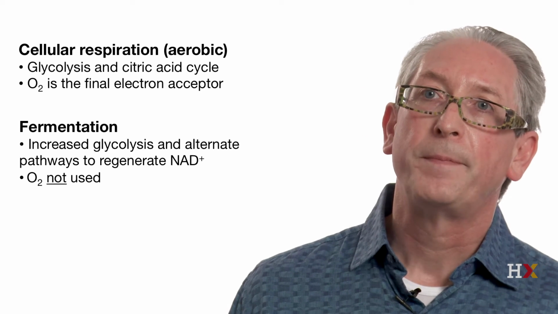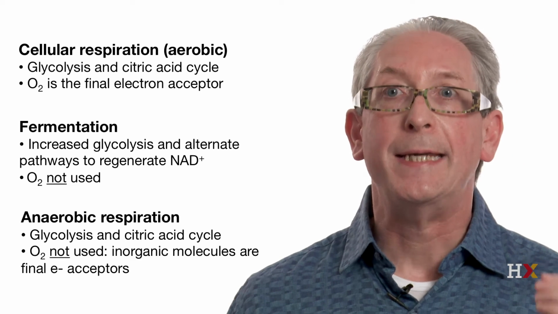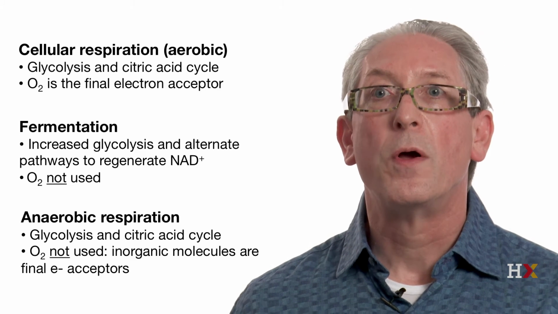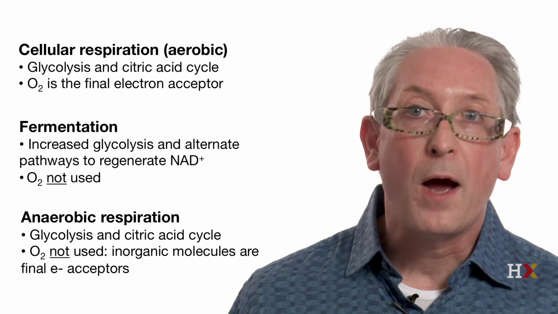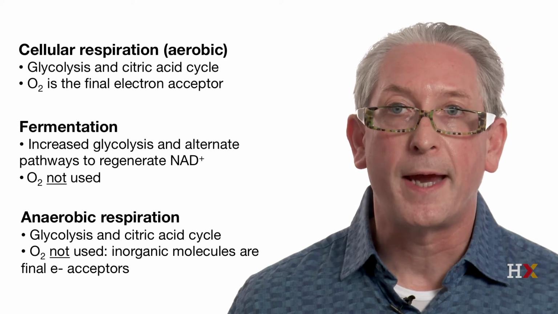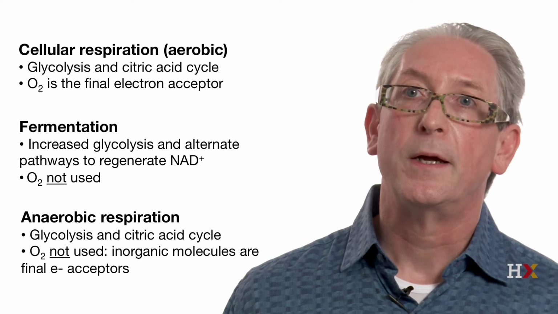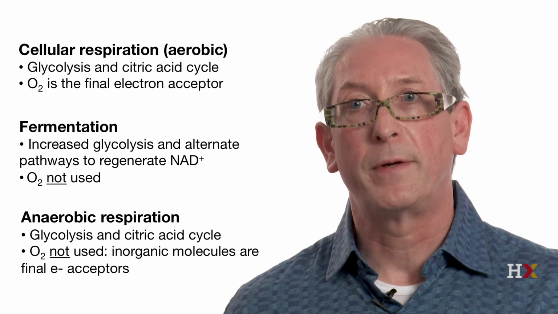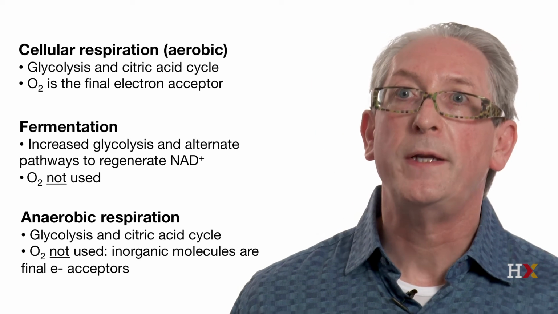Then you have anaerobic respiration, which occurs in anaerobic organisms that grow in the absence of oxygen. Glycolysis and the citric acid cycle will occur, but oxygen will not be the final electron acceptor. The final electron acceptor will be an inorganic molecule.